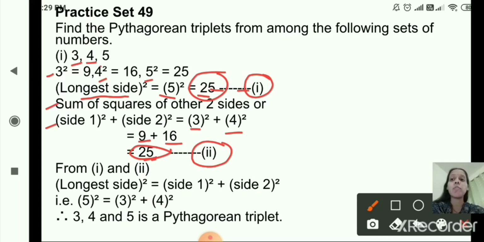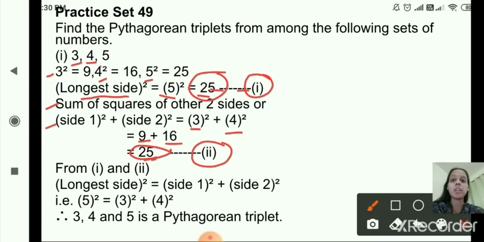That is, 5 square is equal to 3 square plus 4 square. Therefore 3, 4 and 5 is a Pythagorean triplet.